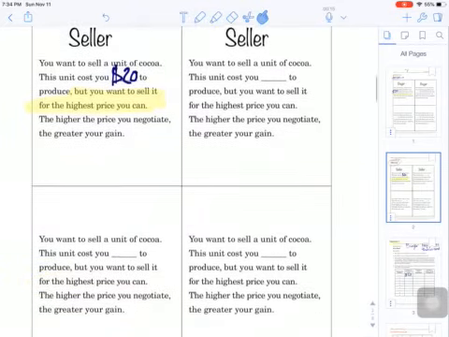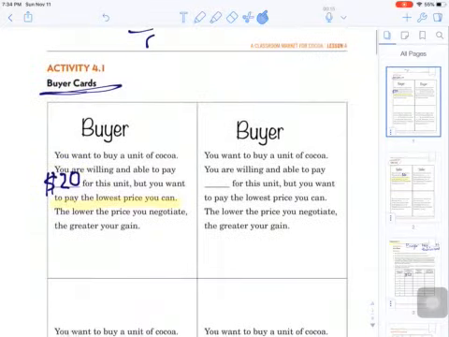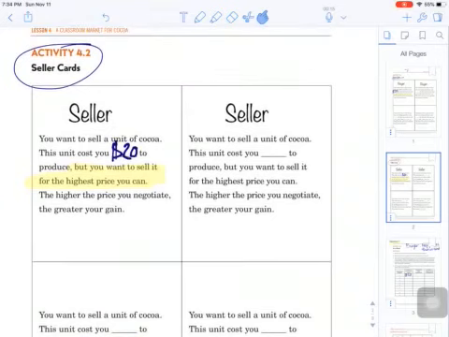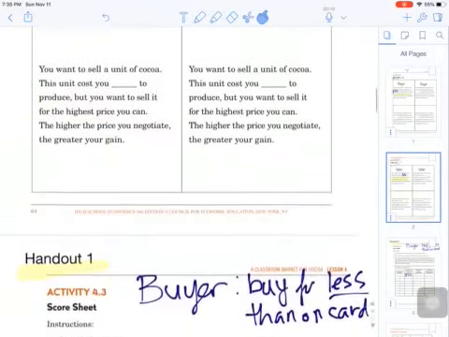The buyer will come and talk to different sellers. They don't have to make a deal with the first person they talk to. They can walk around and find a new person to deal with. The buyer will find a seller, and they're both working from the same number, but it just depends on who's better at negotiating.